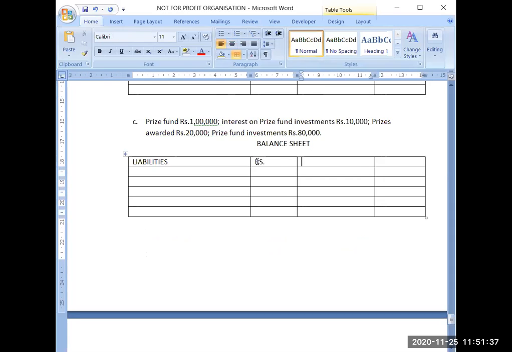This will be the amount column, this will be the asset column. First we will write prize fund. Prize fund is a liability, and the balance of prize fund is 1 lakh.